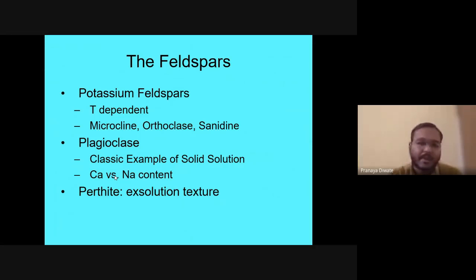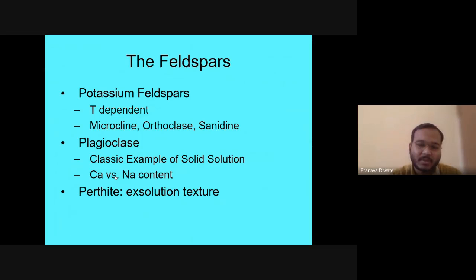Potassium feldspar is temperature dependent. Different temperatures form different kinds of feldspar, named microcline, orthoclase, and sanidine. Plagioclase is a classic example of solid solution, with potassium versus sodium content.